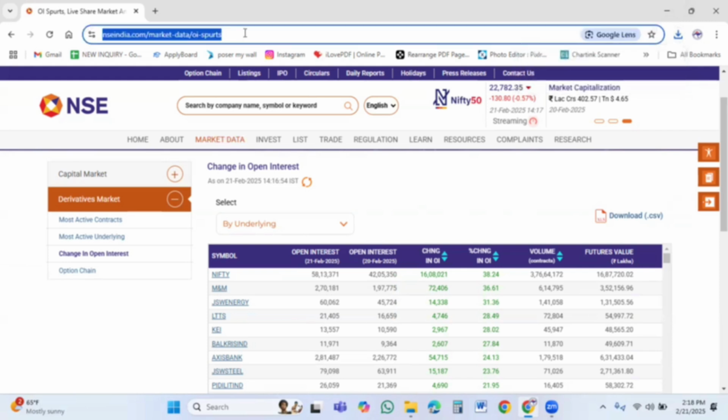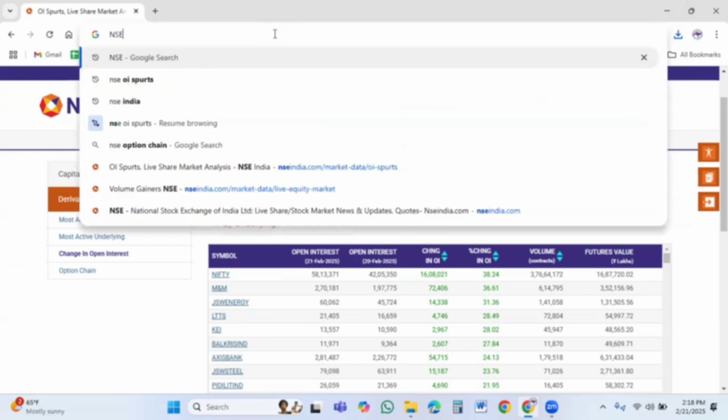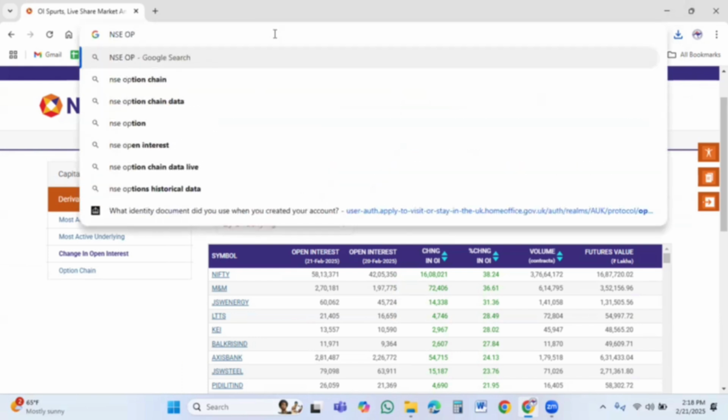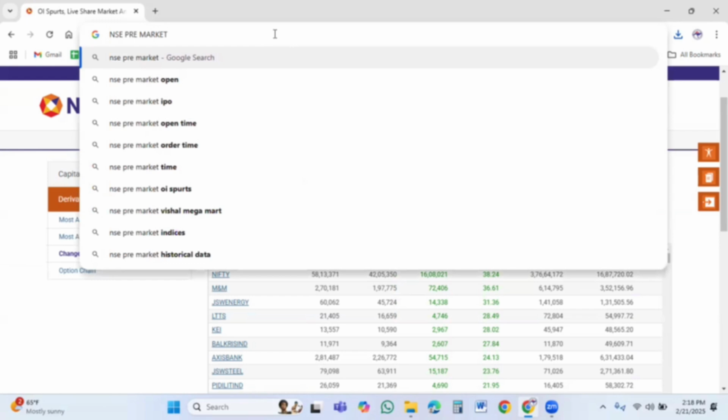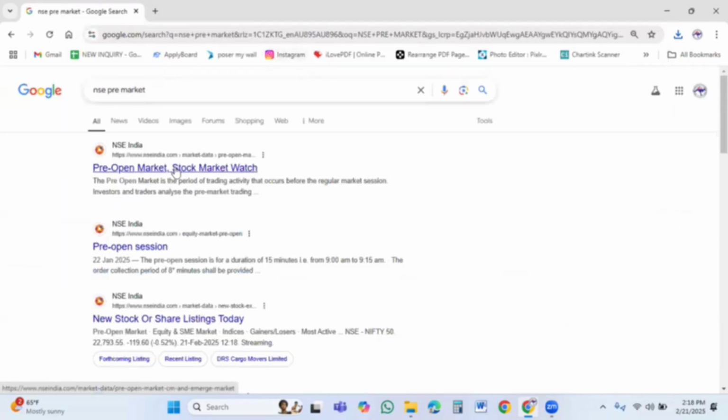The other thing you can do is, in the morning at 9:08 a.m., type in NSE pre-market and go into the pre-open market.